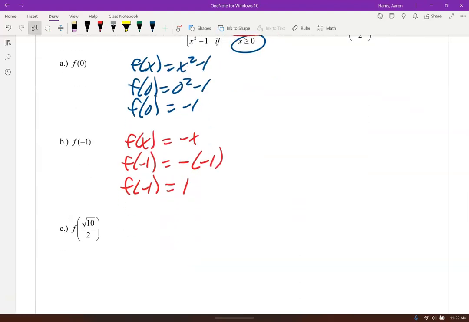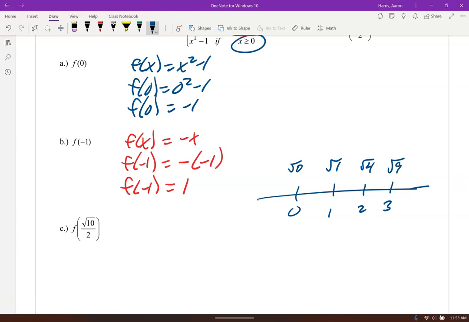F of the square root of 10 over 2. Well, for the square root of 10 over 2, let's think: 0 is the square root of 0, 1 is the square root of 1, 2 is the square root of 4, 3 is the square root of 9, square root of 16 is 4. So just the top part, square root of 10 is about 3 point something.